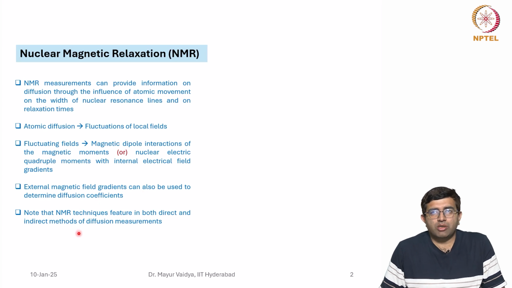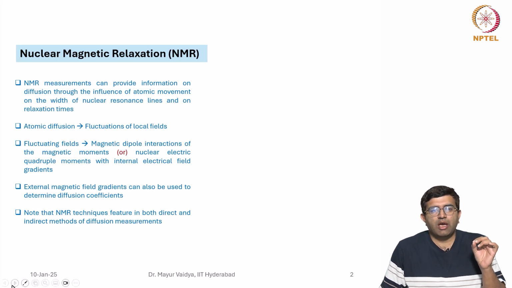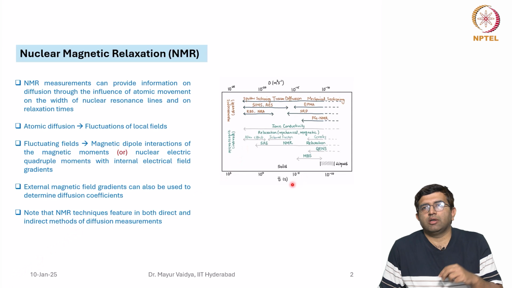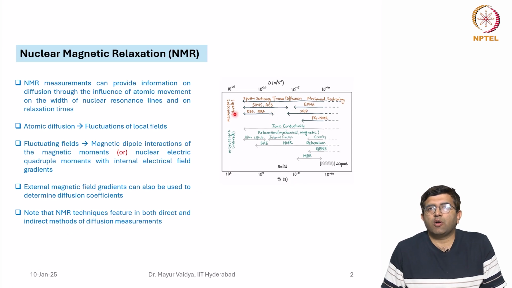And if you remember the very first lecture, when we started talking about the diffusion measurement techniques, we saw this particular picture which tells about the direct measurement techniques and the indirect measurement techniques and the range of diffusivities that can be measured using them. And you will see that the NMR related techniques feature in both. So you have the field gradient NMR, which comes under the direct measurement techniques.